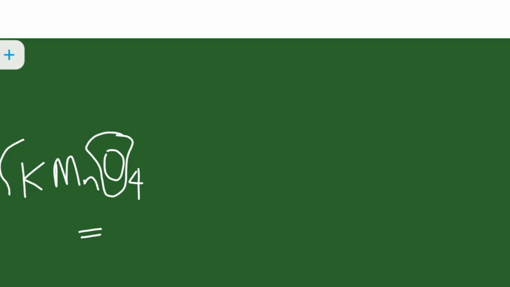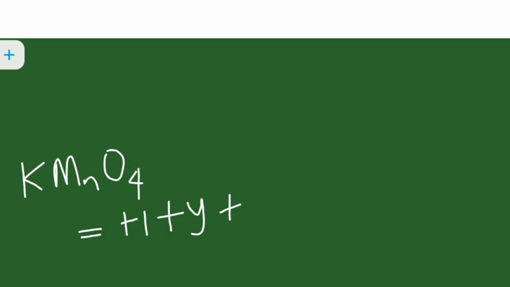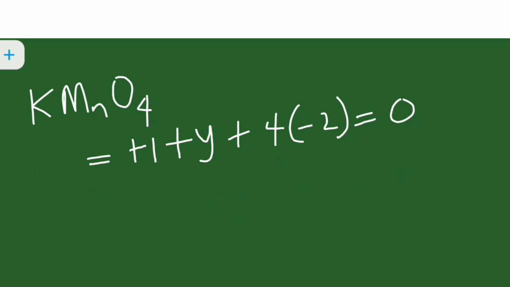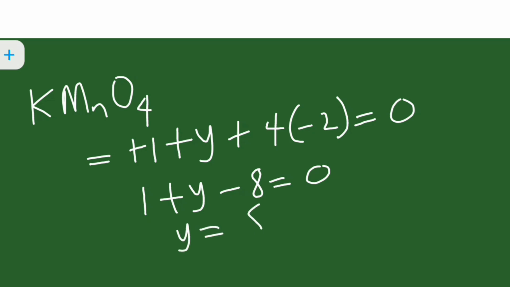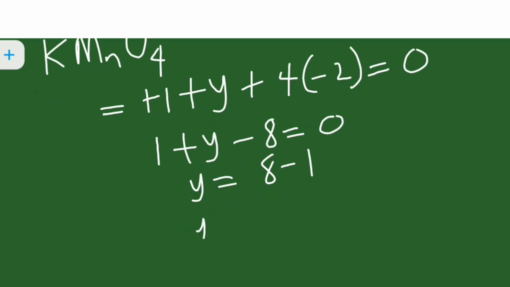Oxygen is -2 normally. So if you solve this, potassium is +1, plus I'm looking for manganese, so let manganese be Y, plus 4 times oxygen, which is -2. Everything must be equal to 0 because there is no charge here. The total charge here is 0. If you solve this, you have 1 + Y - 8 = 0, take like terms, finish it up.